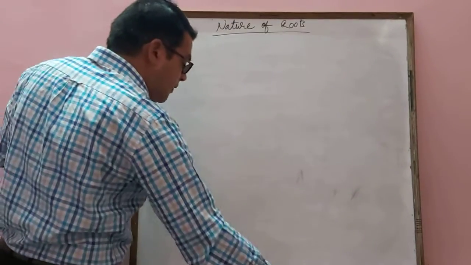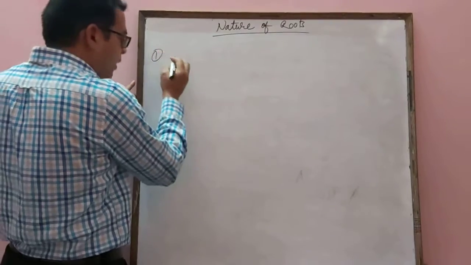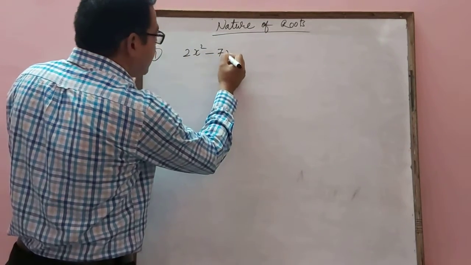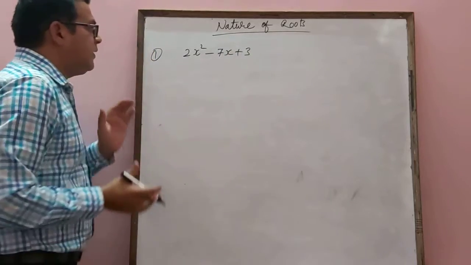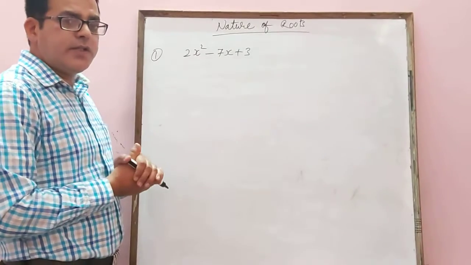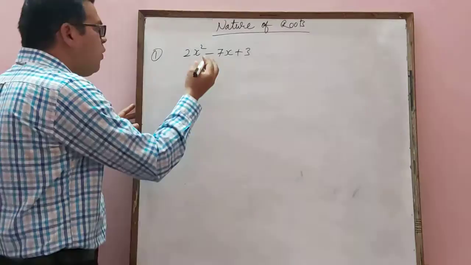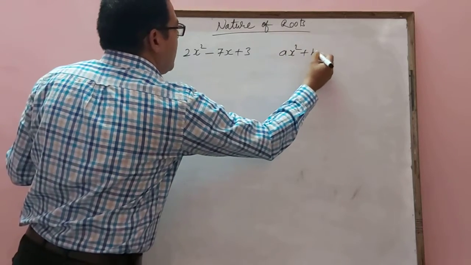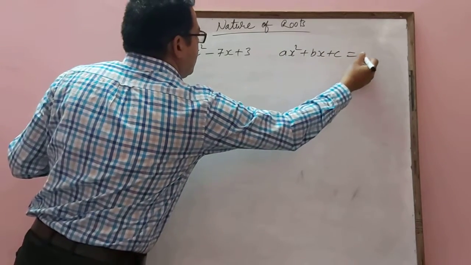Now let me explain each and every condition by taking one example each, right? So first I am taking the example of 2x square minus 7x plus 3. This example I am taking to get two distinct and real roots. So what is the value of a when we compare this equation with ax square plus bx plus c equals 0?